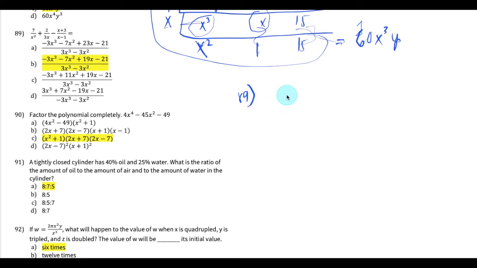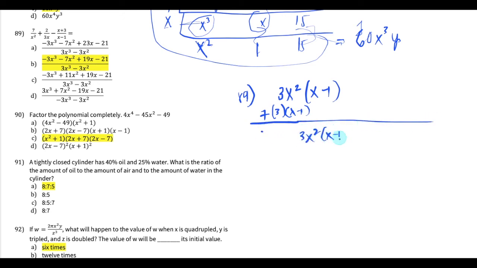Okay, so for number 89, i-add lang natin sila. Least common denominator. Ang least common denominator nila would be x squared times 3 times x minus 1. Okay, you can use this method also. So unahin natin 7 over x squared. Ano na lang yung kulang? 3 times x minus 1 over, okay, plus 2 times 3x yung denominator niya.